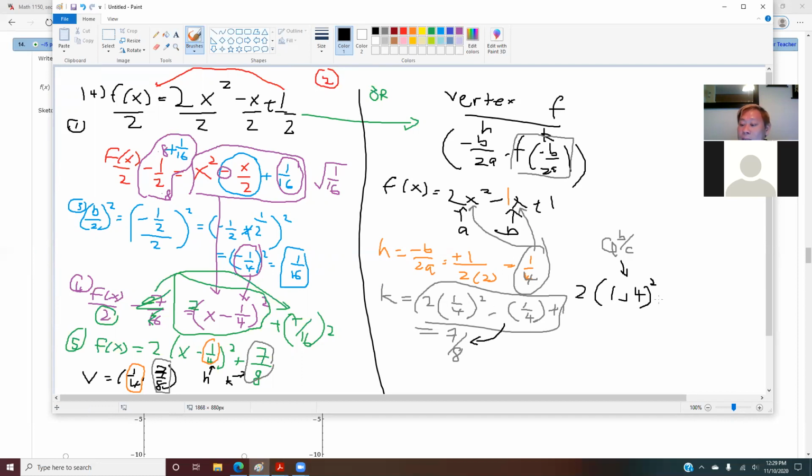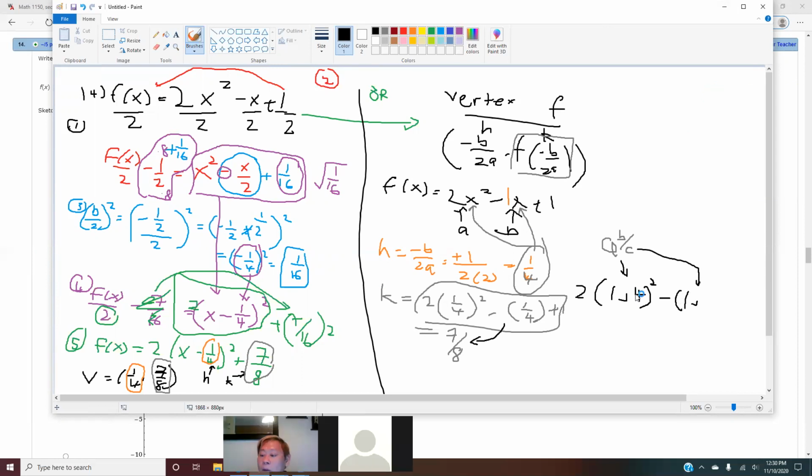And then minus 1, ABC, 4, close your parentheses, this is your 1/4, and then +1. And then when you press enter, you will get 7 and 8, which is 7 over 8.